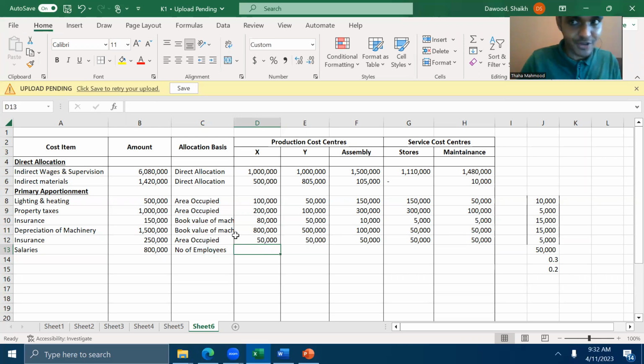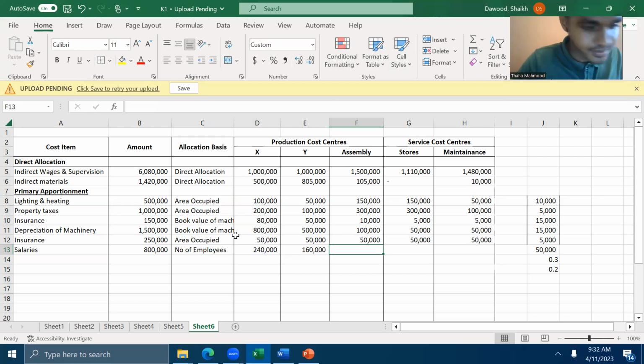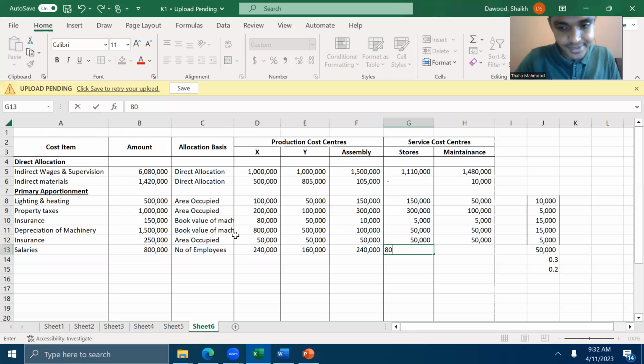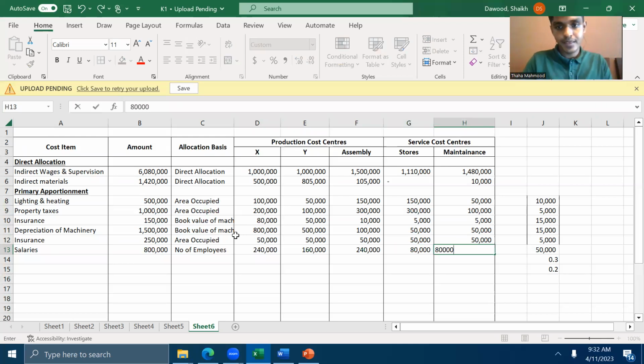If you do the calculation, it comes to 240,000 here, 160,000 here, 240,000 here, 80,000 here, 80,000 here. Okay.